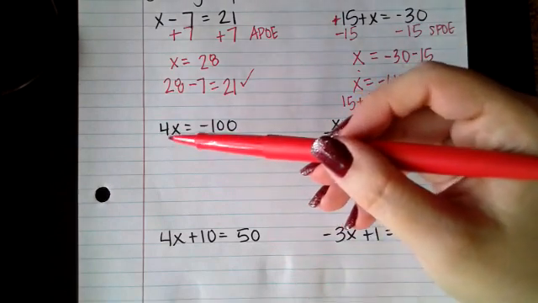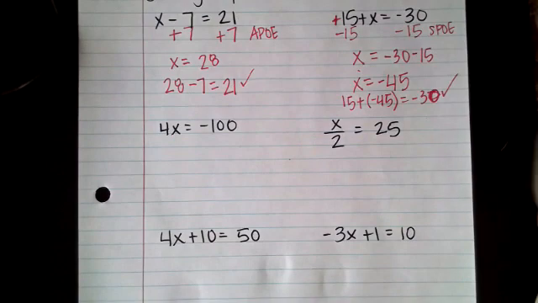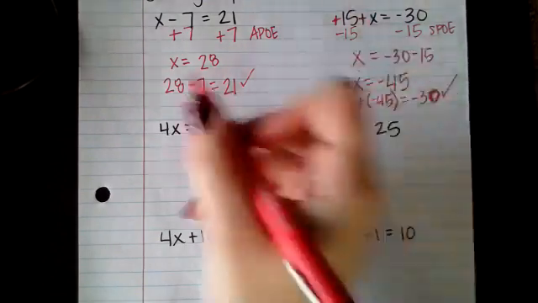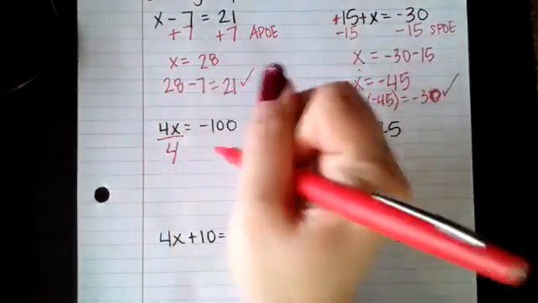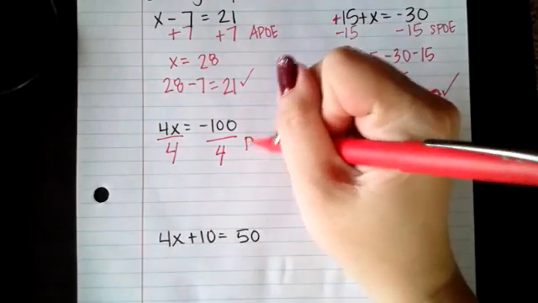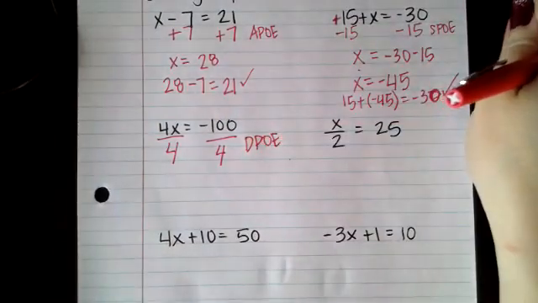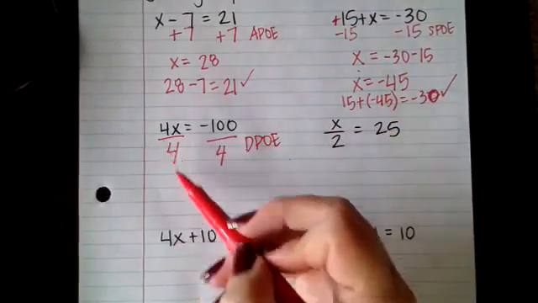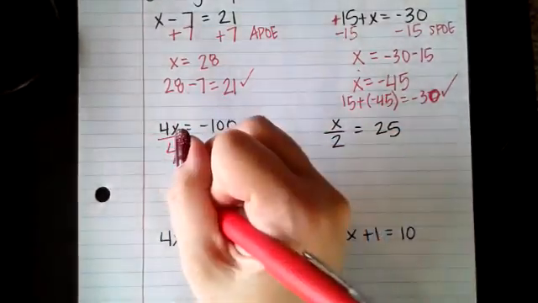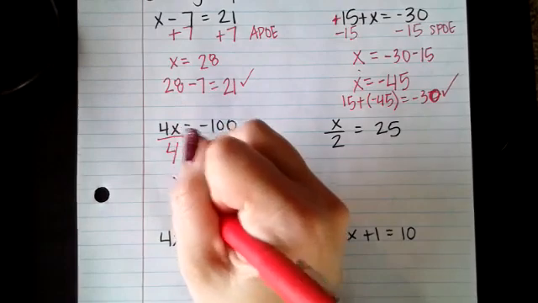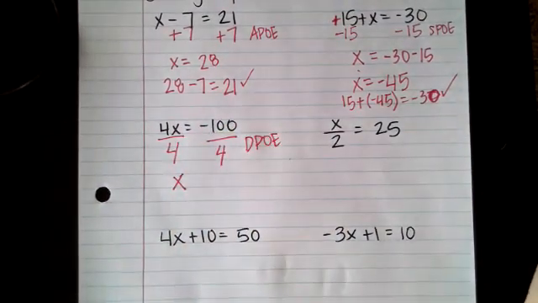So I'm going to get rid of the coefficient 4 by doing the opposite kind of math, the inverse operation of what's being done. What's being done is multiplication, so I'm going to divide, using the division property of equality to figure out what x is equivalent to. 4 divided by 4 is just 1, and 1x is the same as x.